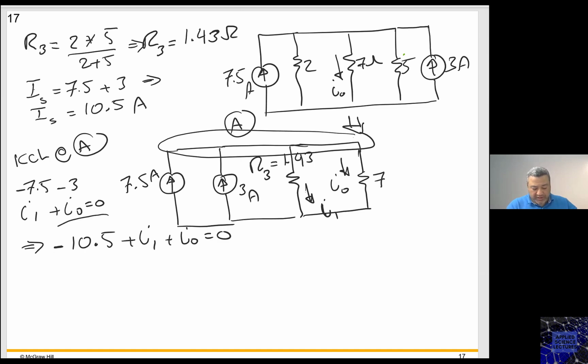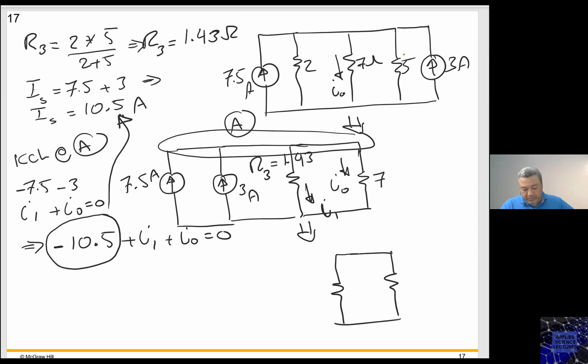So this is what we have done here, right? Now this can be represented by one current source that is 10.5 ampere. And this one is my 1.43, and this one is my 7 that has the I naught.